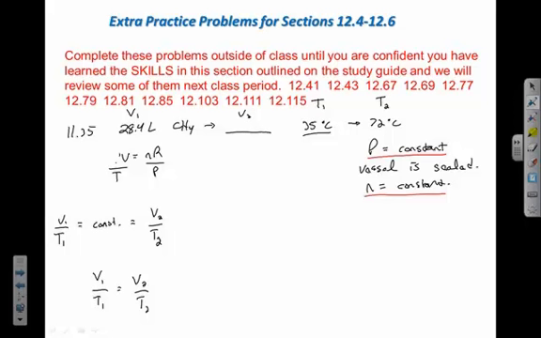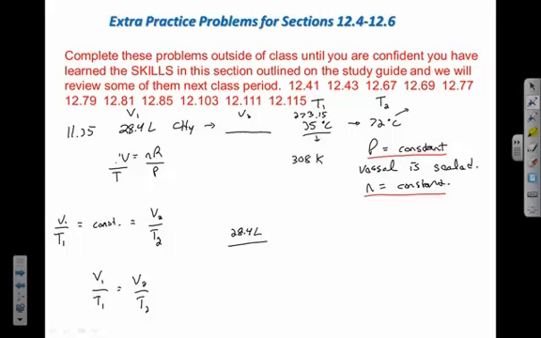So I can start plugging into that. I've got the initial volume, which is 28.4 liters. I've got the initial temperature. These temperatures need to be in Kelvin, though. So I've got to convert both of my temperatures to Kelvin. So that's 308 Kelvin.